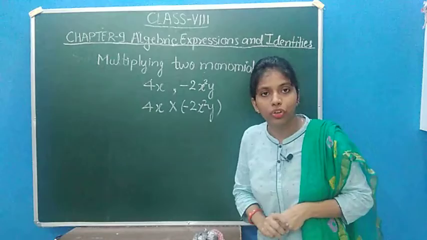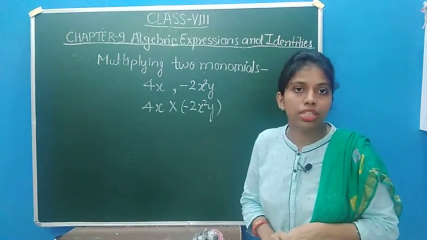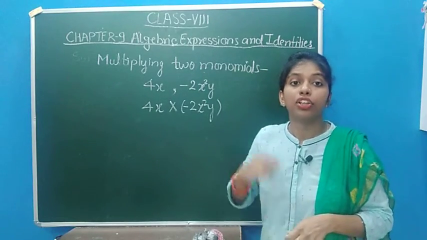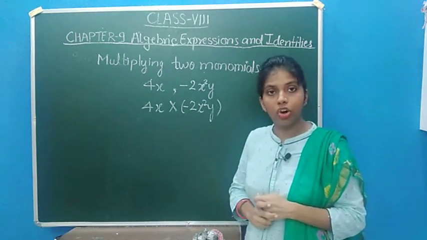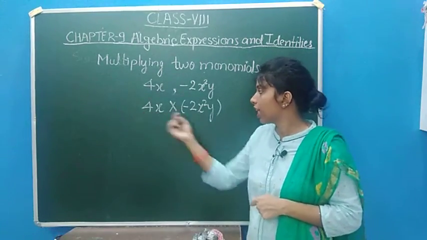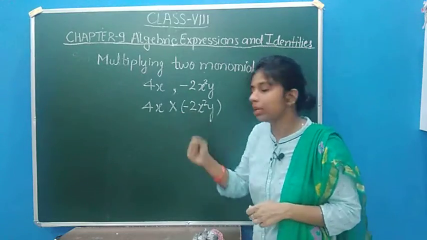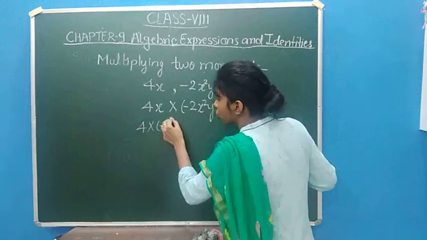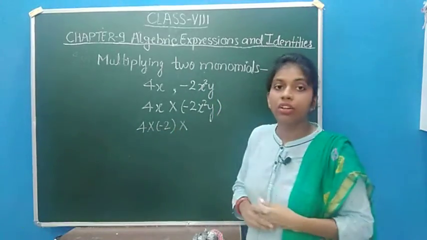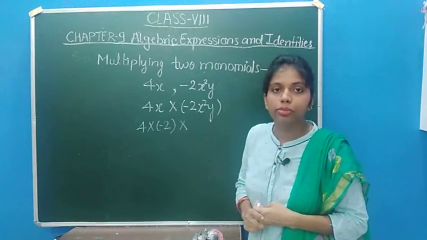As I told you, we have to multiply the coefficients with each other, meaning numerical factors with each other. Here the coefficients, or numerical factors, are 4 and minus 2. Let's multiply them: 4 into minus 2. After that we multiply the variables with each other.